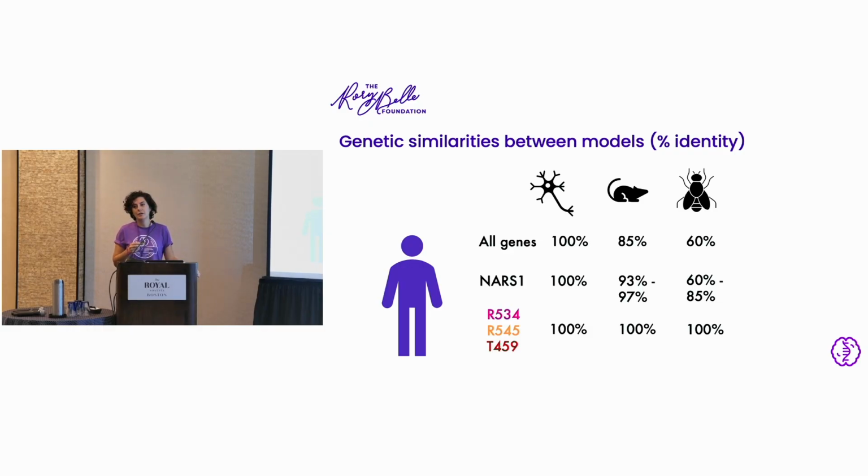And when you look at the disease-causing variants that we see in NARS1 right here, they're actually all identical in mice, in neurons, and in flies, which makes them a great model to study NARS1 in general and those particular NARS1 variants.